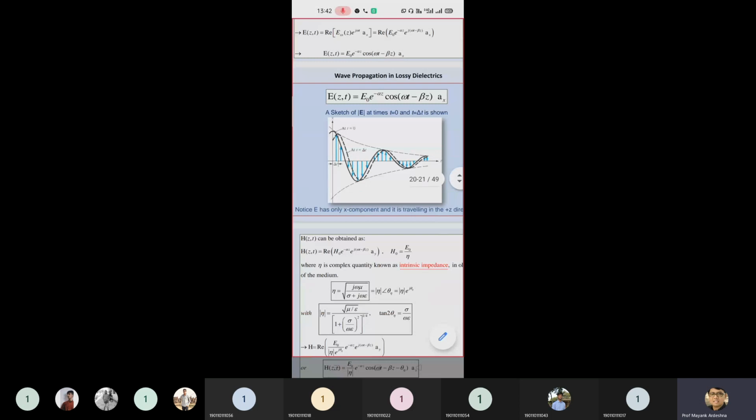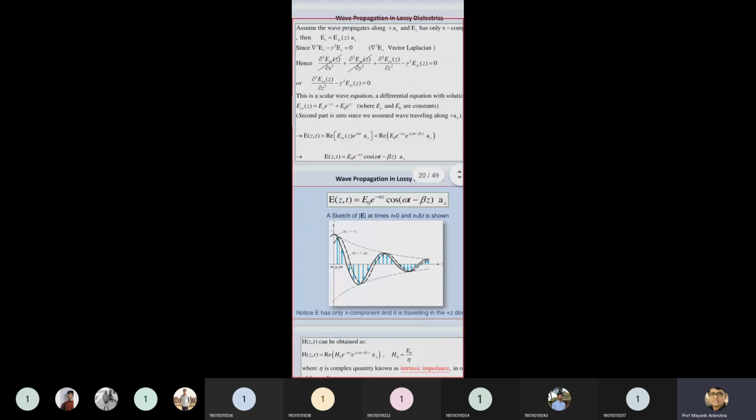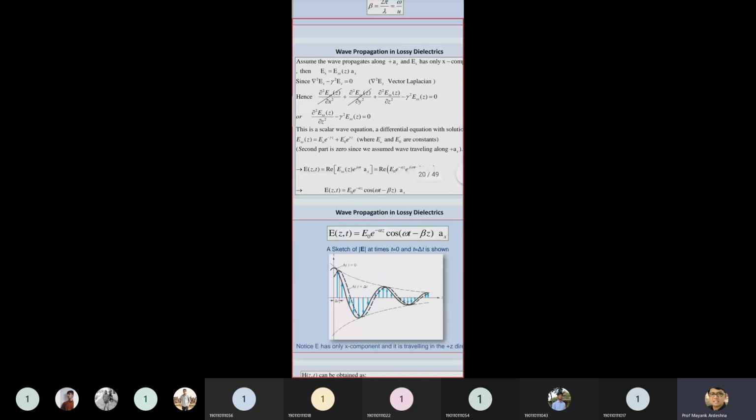Okay. In the same way, we try to find out the Hz component. For that, we have to repeat the similar procedure, but instead of del square E equal to gamma square E, you have to use del square H equal to gamma square H. I'm not deriving this equation, but the equation is almost similar.